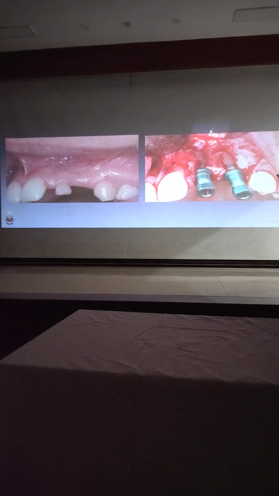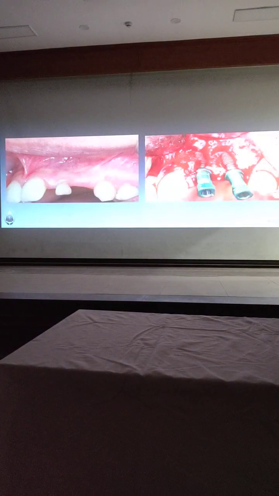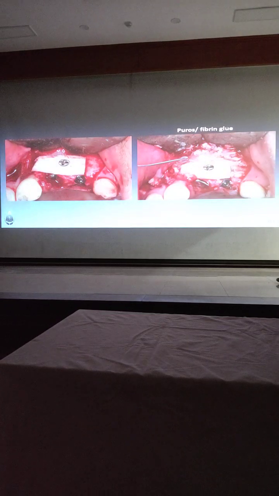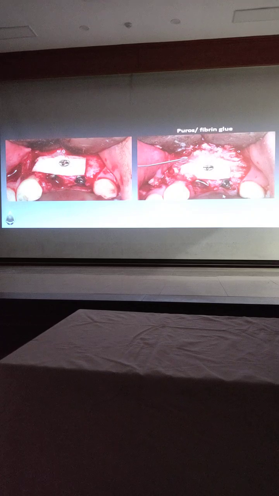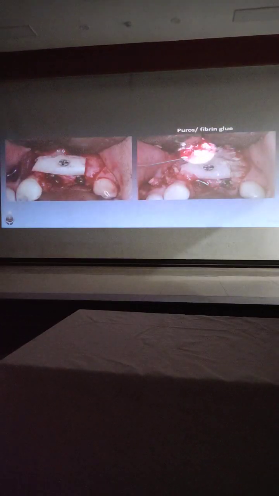And you can see the severe horizontal defect. So I placed the lens bone block for the horizontal augmentation, and the allograft material here was grafted on the residual ridge, and the grafting material was stabilized with the fixture.